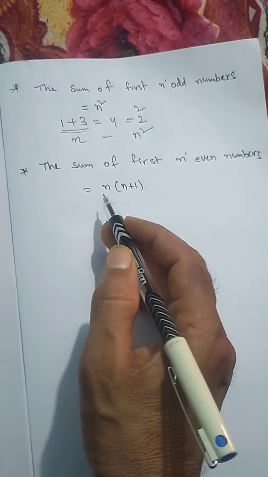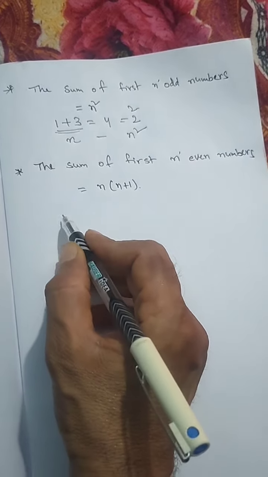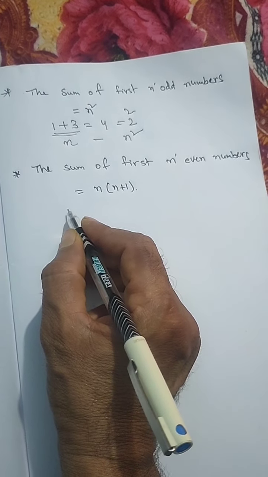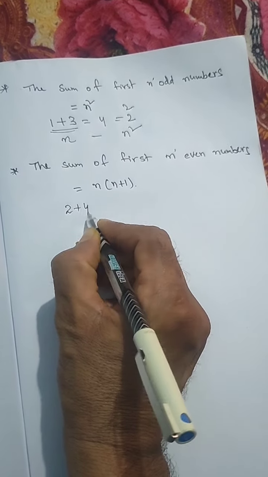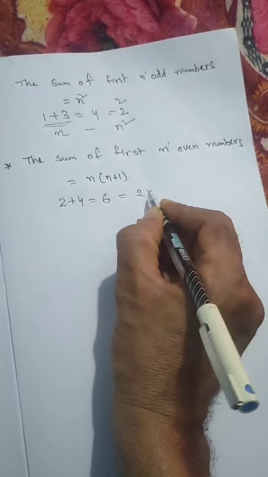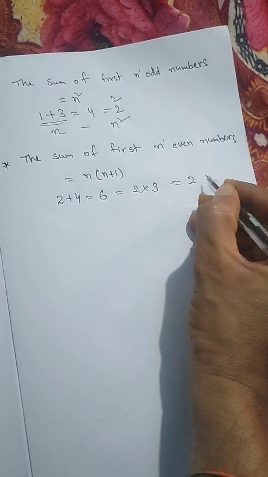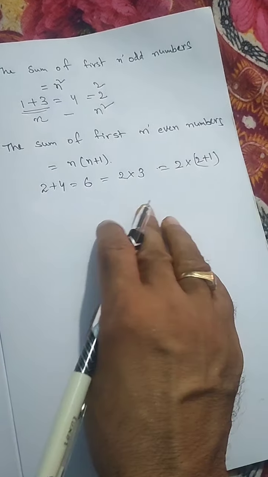And another one, the sum of the first n even numbers equals n into n plus 1. If we are confused, we have to take the first two even numbers. For example, 2 plus 4 equals 6, that equals 2 into 3, that equals 2 into 2 plus 1.